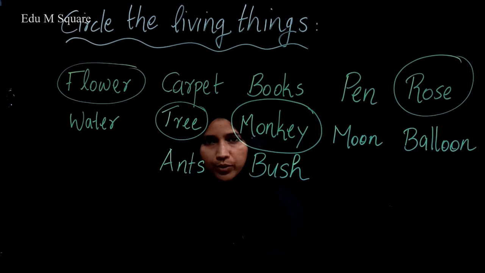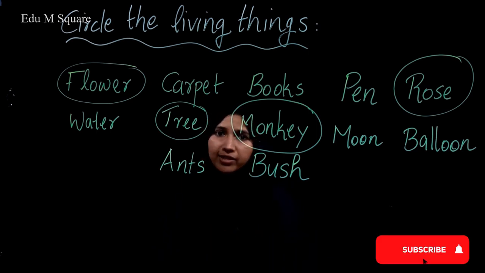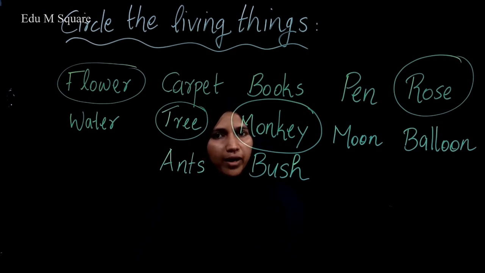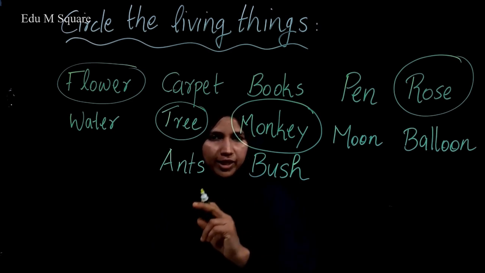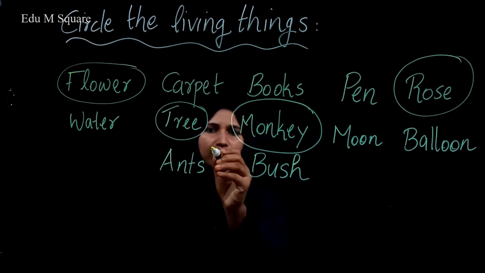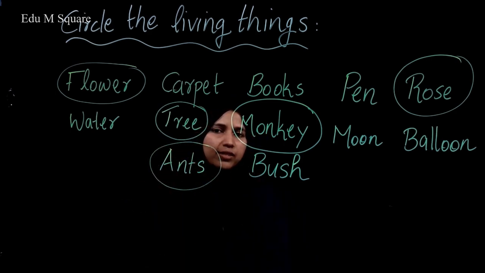Balloon is also not a living thing. Ants? Yes, ants are living things. Why? They need food and water to grow, and ants are breathing. So we can circle it. Bush. Bush is a small plant, so it is a living thing.